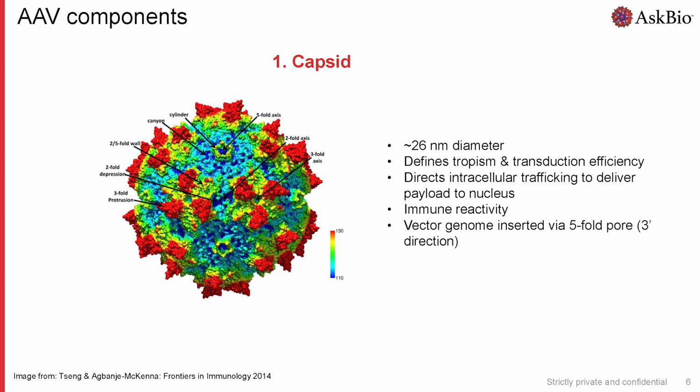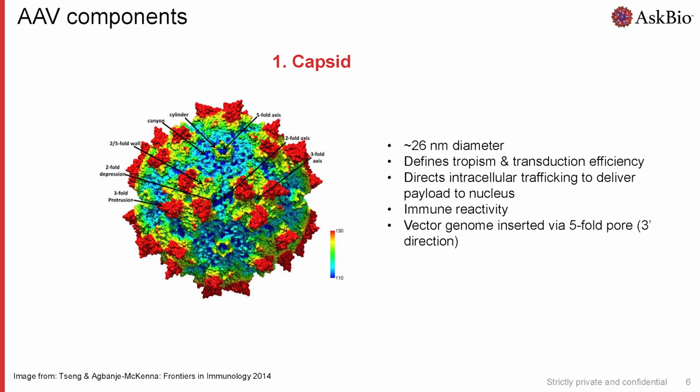So it heavily determines the path that the virus takes through the cell. It's also the part of the virus that we can readily detect an immune response to, and this is through either binding or neutralizing antibody assays, or looking for a T cell response.